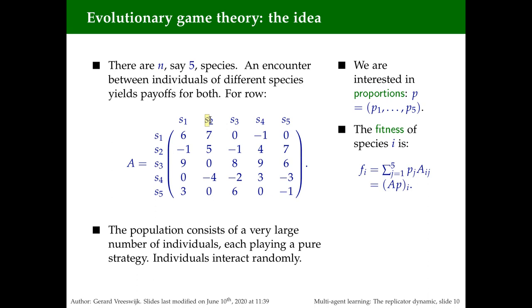And a 0.3 probability that it will encounter a species of type 2, and then it will score a 7. And it will have a probability of 0.1 that it will encounter a species of type 3, and then it will score a utility of 0.